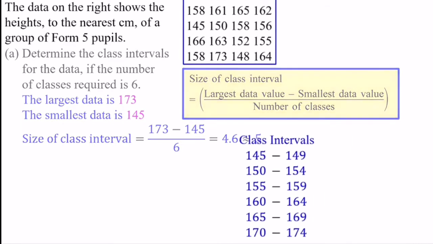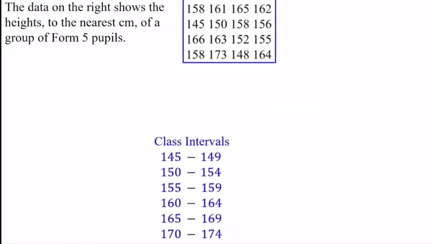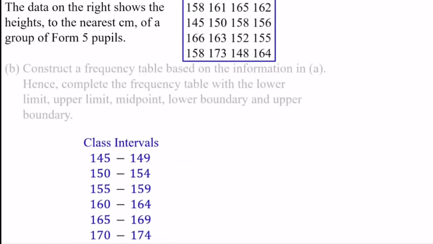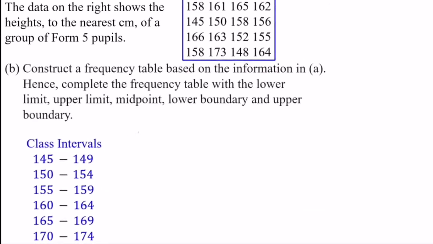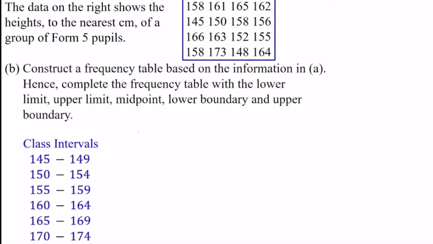Okay, so we have managed to form the class interval for the group data of the Form 5 pupils. Now from the class interval, we can actually construct a frequency table. Now what is a frequency table? A frequency table consists of class intervals with the frequency of the data for each of the class intervals.